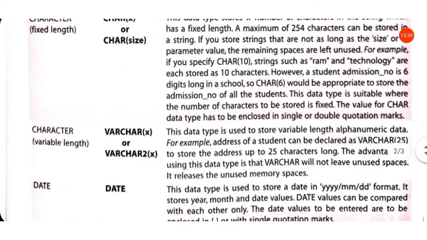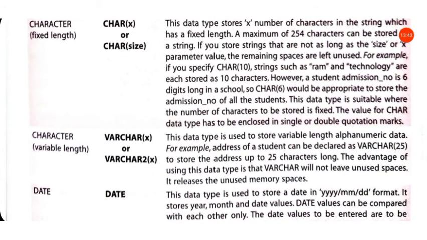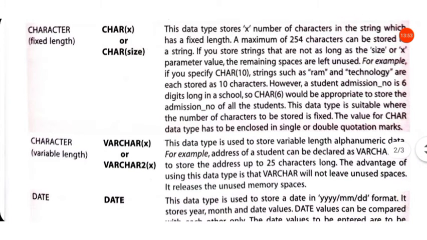Such data can be stored using the char data type because data access is easier. This data type is suitable where the number of characters to be stored is fixed and will not change. In such cases, we can use the char data type.